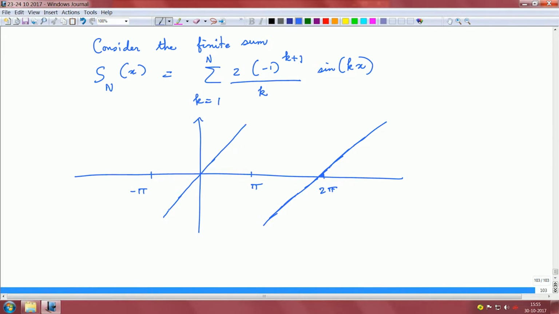So, if you plot this function S N of x for different values of N, you will see that there will be some blips at this point, and then the signal just jumps through this point.